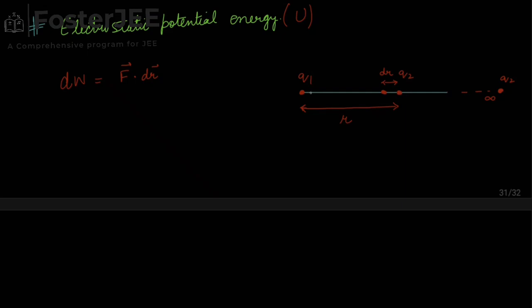Since we are moving along the line of action, cos theta will be 0. So this is F dr cos theta, and cos theta is 0, so it becomes F dr. Hence dW is F dr.